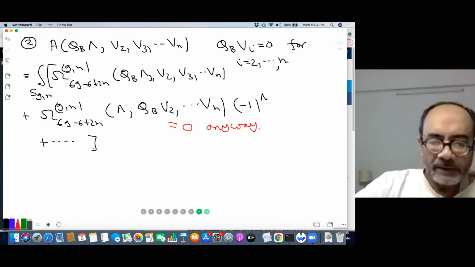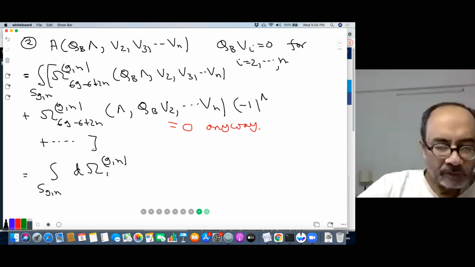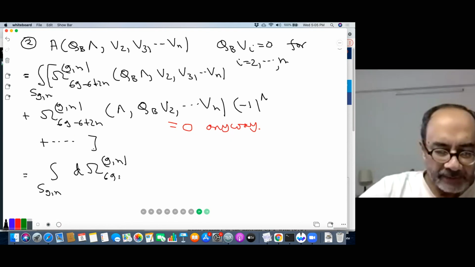But once you have added these zeros, we can apply the identity that we had derived. And this can now be written as the integral over SGN of QB omega GN. Now you can see why we introduced omega for generic p, because now this argument will become 6g minus 6 plus 2n minus 1.